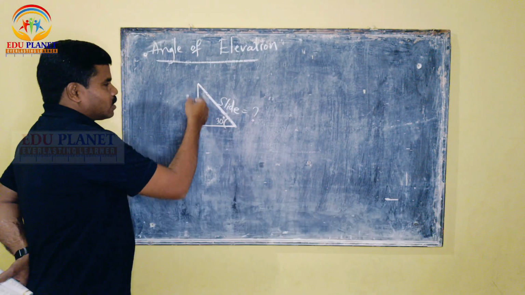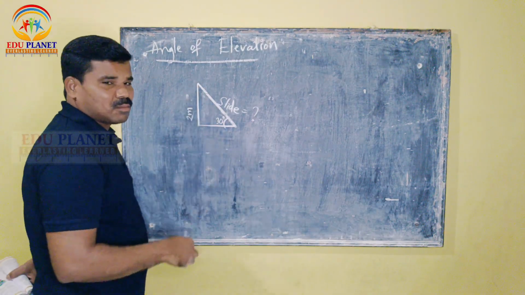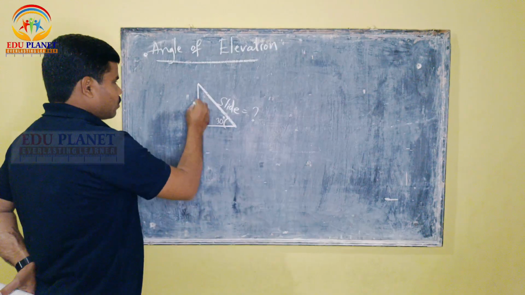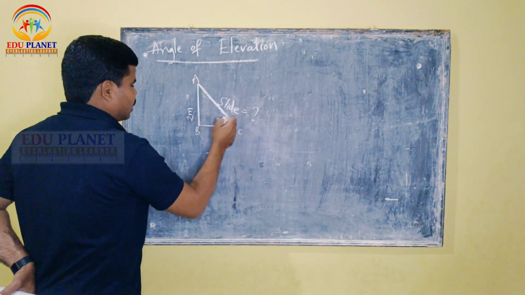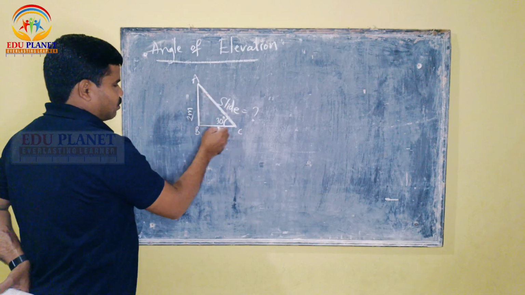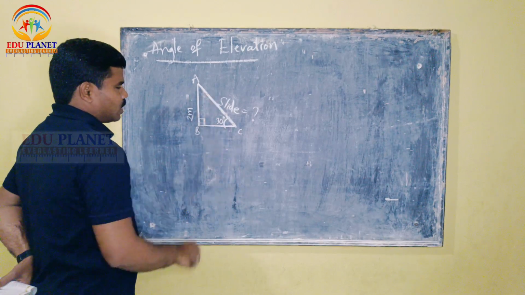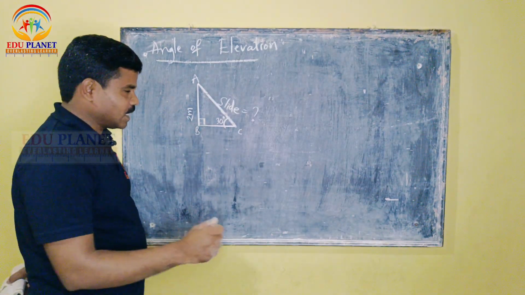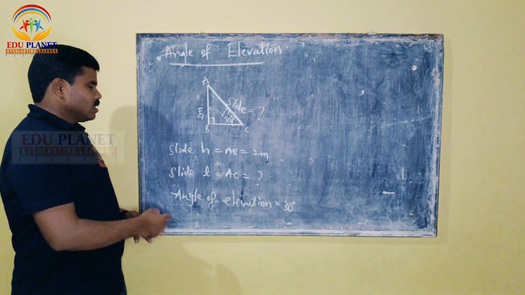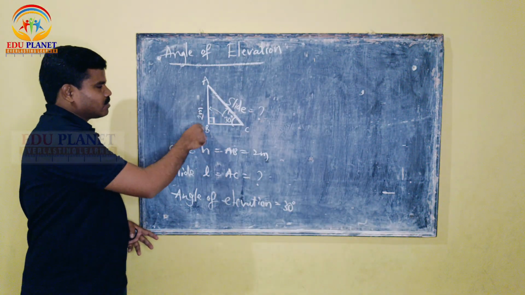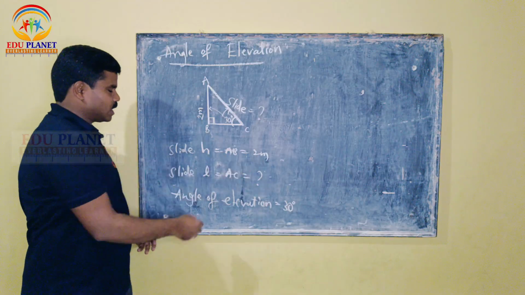See here, this geometrical structure resembles a right triangle. Let us name this triangle ABC. AB and BC are perpendicular, so angle B is 90 degrees. The given information is the slide height, AB, so AB equals 2 meters.